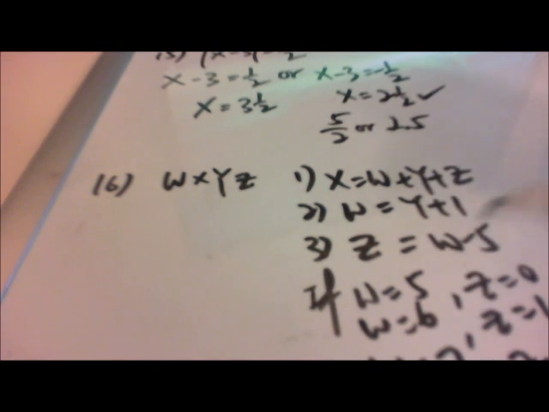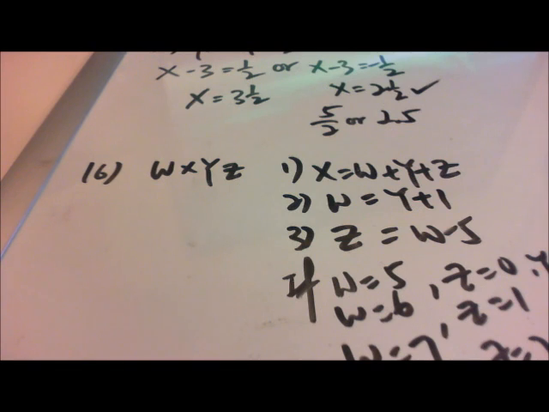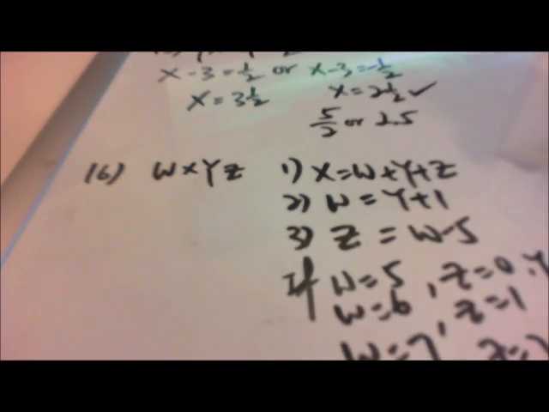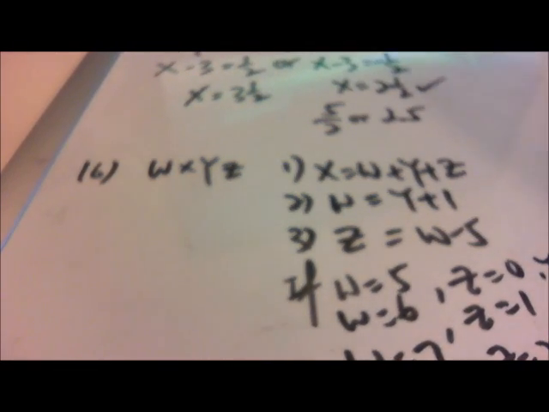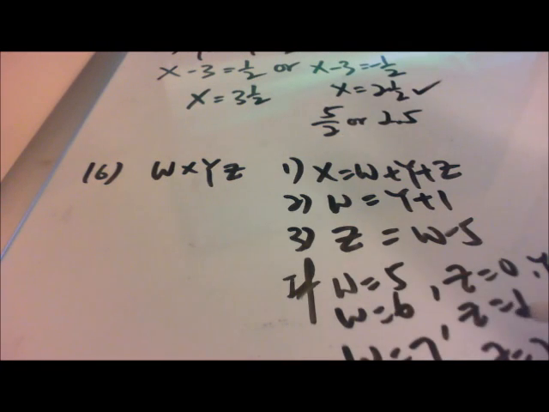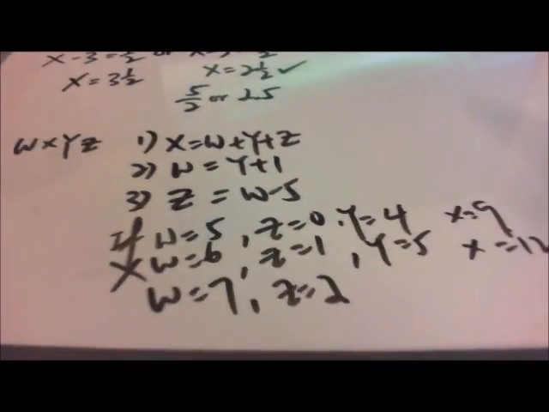So when w is 5, z equal to 0, then y will be 4. W, y, z add up together is 9. So if w is 6, z is 1, y will be 5. This is more than 10, it's 12. So this one is out. And the bottom one is also out, look at this carefully.